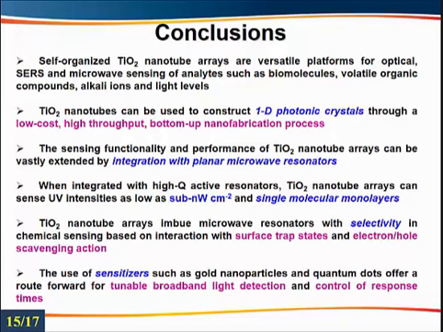You can get sub-nanowatt UV intensity detection, and you can also detect molecular monolayers. The interaction with surface trap states and electron-hole scavenging action can be used to imbue these resonators with selectivity. And the use of sensitizers such as gold nanoparticles and quantum dots offers a route forward for tunable broadband light detection and also control of response times. Thank you.